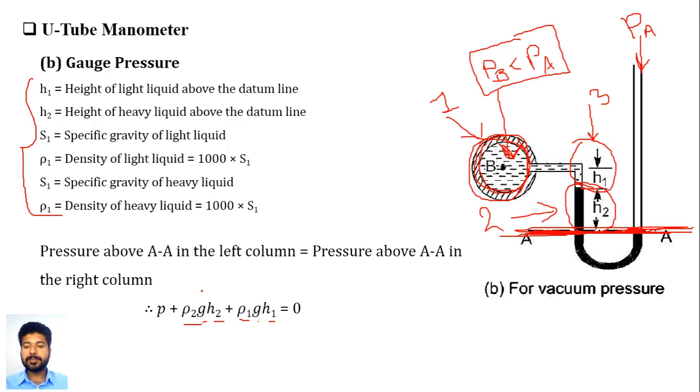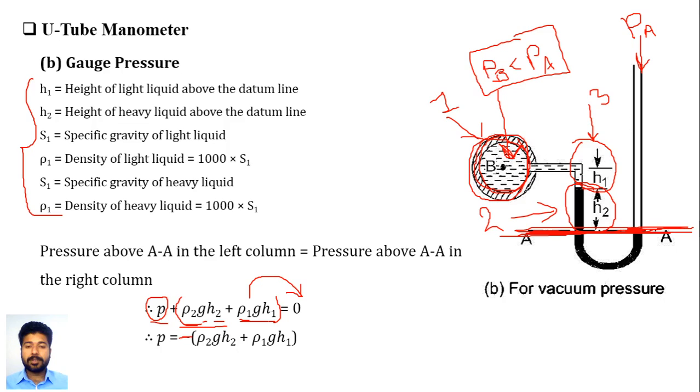So the first component is the pipe pressure P, plus the second component with height h2, taking rho gh, so rho 2 g h2. The third component is h1, so this is rho 1 g h1, and we need to find the pressure in this diagram. So P equals negative of rho 2 g h2 plus rho 1 g h1. This whole term goes to the right side, and it will be negative. So this is your answer for this gauge pressure.